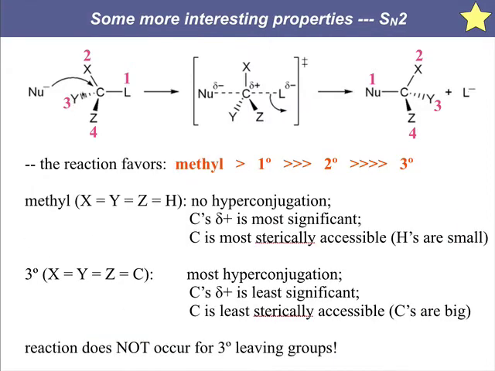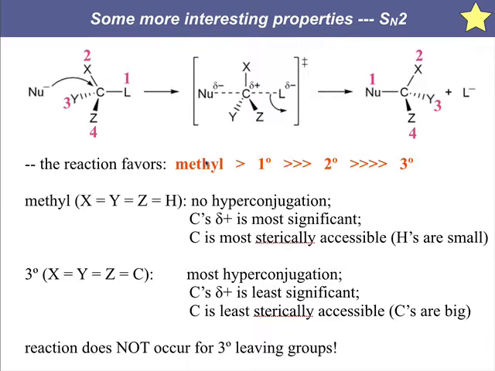Because the antibonding orbital needs to be accessible by the nucleophile, the reaction favors methyl groups. So a leaving group on a carbon with 3 hydrogens on it would be a leaving group on a methyl.